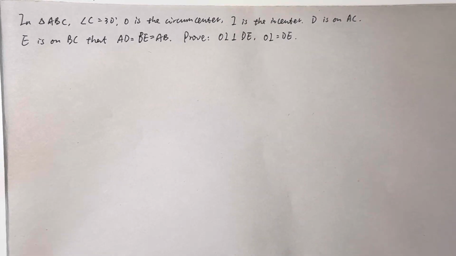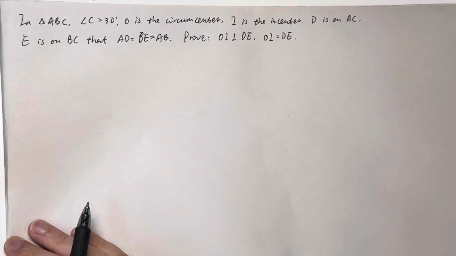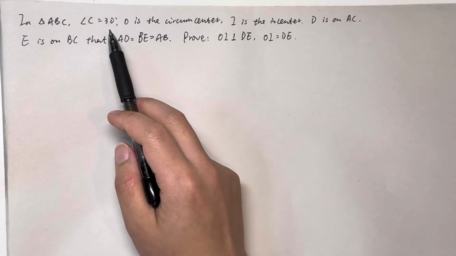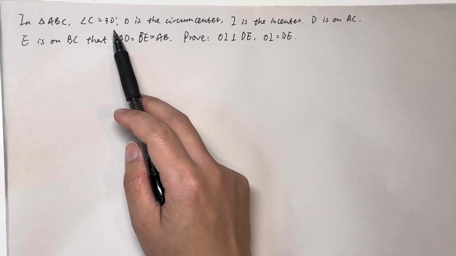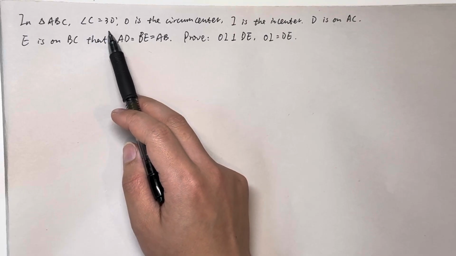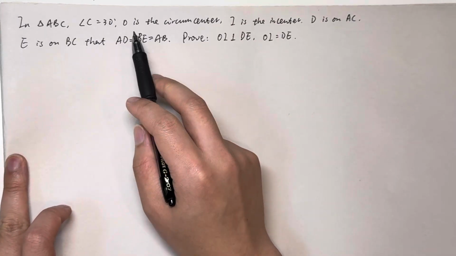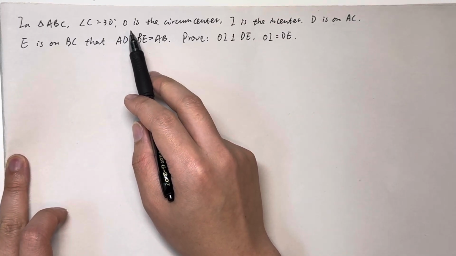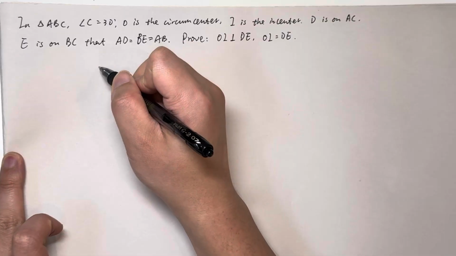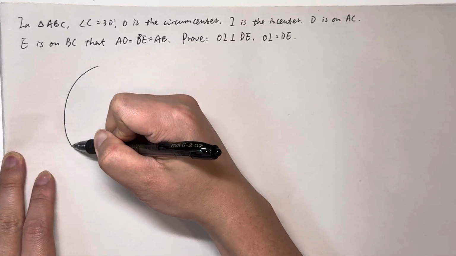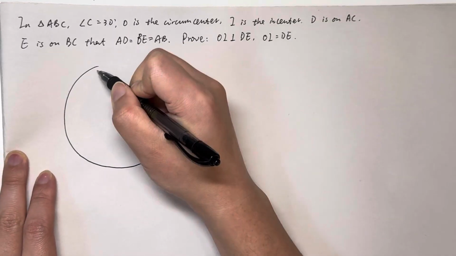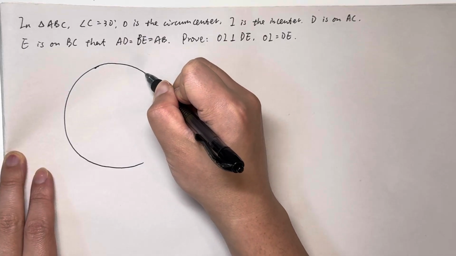So the first thing that we need to do is to draw the figure and look at the problem. We know the angle C equals 30 degrees, and angle C is an inscribed angle, which means we know that angle AOB equals 60 degrees, which makes triangle AOB an equilateral triangle, right?